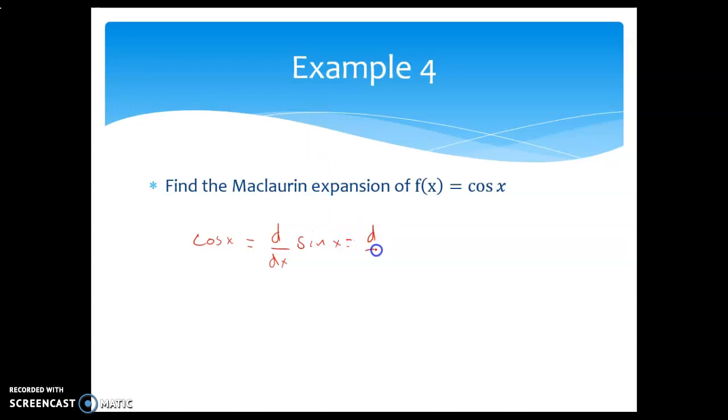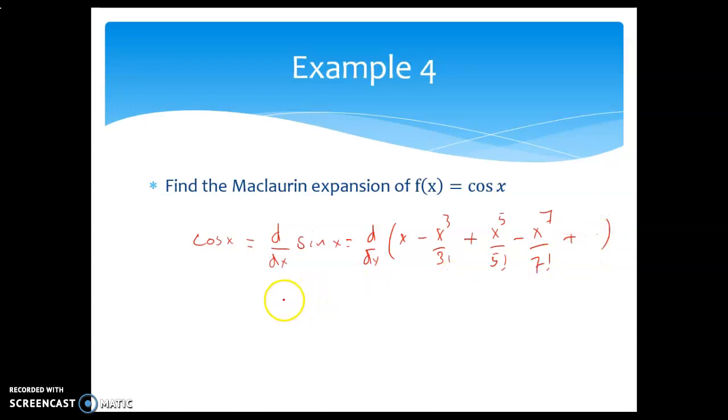This would be d over dx of x minus x cubed over 3 factorial plus x raised to the power 5 over 5 factorial minus x raised to the power 7 over 7 factorial, and so on.